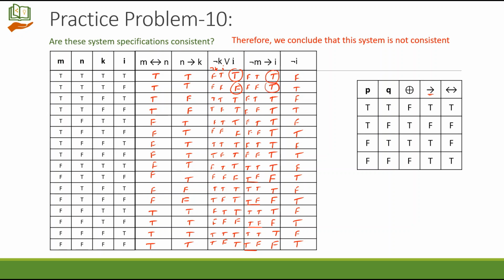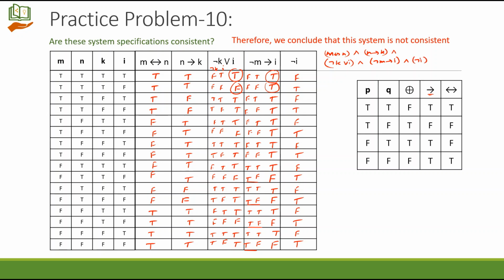Now you have to combine all the conditions together. It means M implies N and N implies K and negation of K or I and negation of M implies I and negation of I.